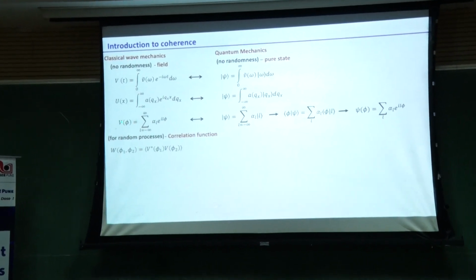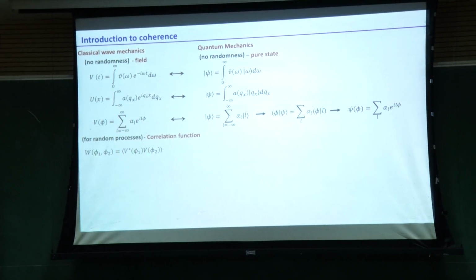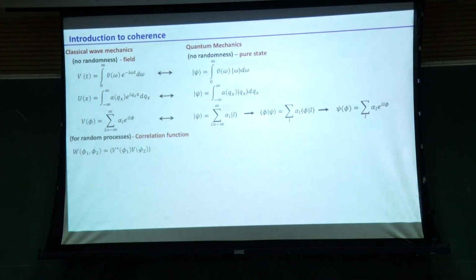What is a correlation function? At least for the angular domain, W(phi 1, phi 2) will be the ensemble average of E star (phi 1) E(phi 2). Ensemble average means you take a state, you take multiple copies, and you take an average. That is the idea of an ensemble.